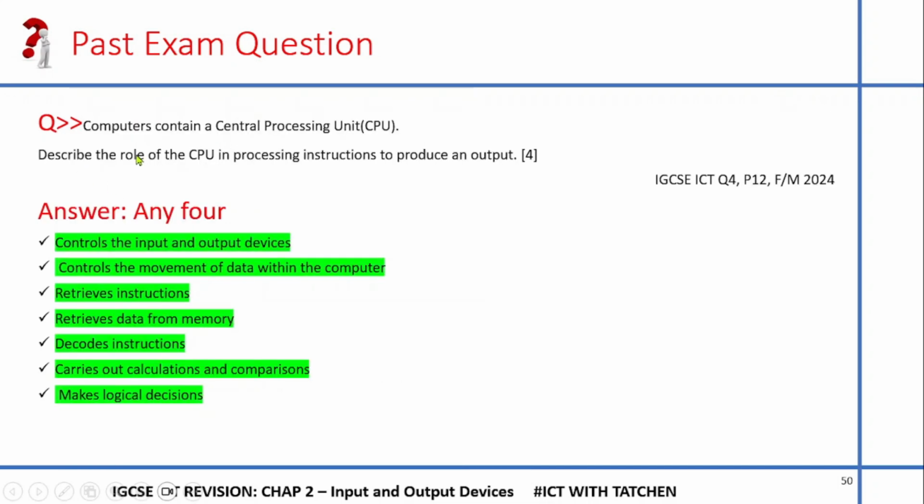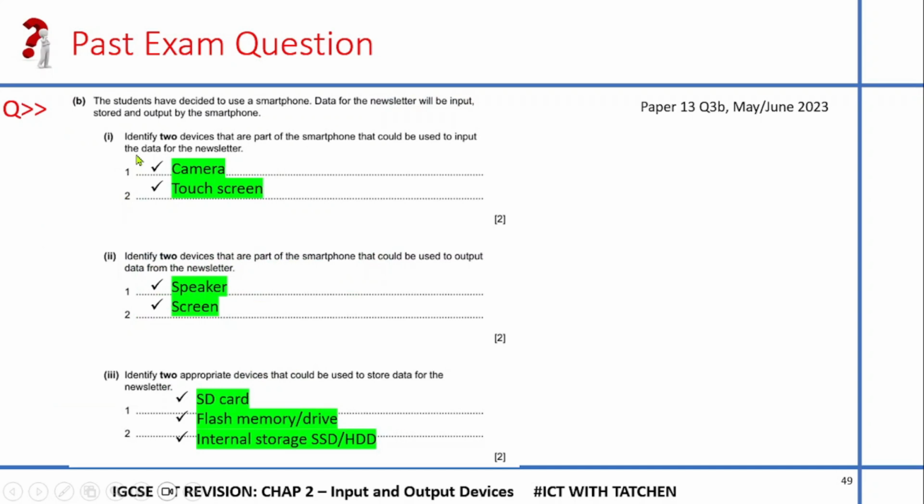They want us to identify two devices that are part of the smartphone that could be used to input the data for the newsletter. Input devices: you can use a camera, they can take pictures and add them to their newsletter.